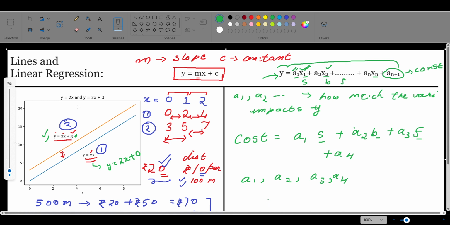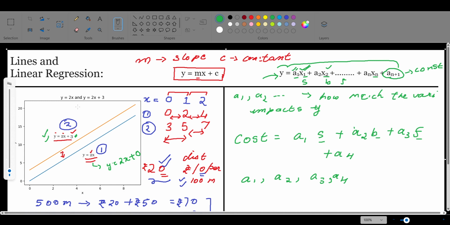It helps you create an equation based on the data that you already have, and this equation helps you predict the y value of a new set of values for those three variables.